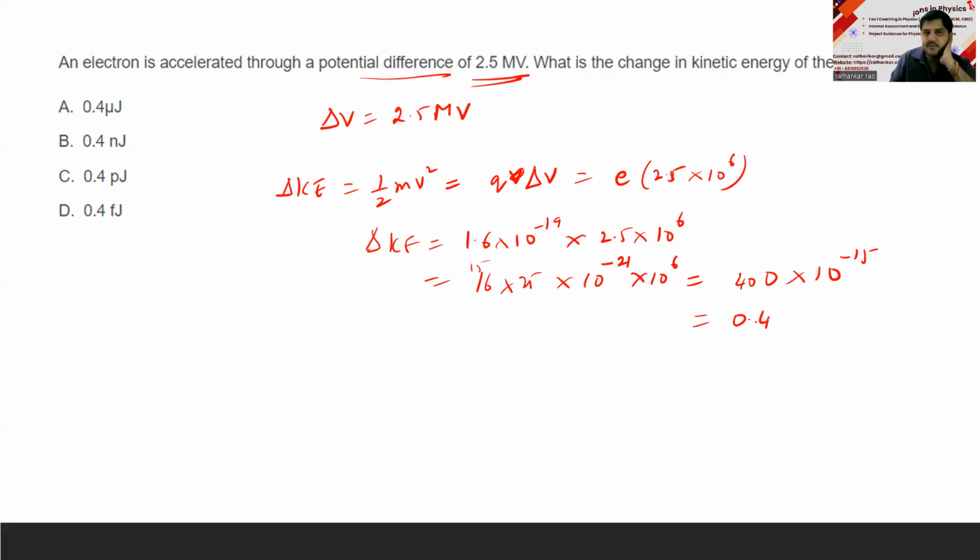Or maybe, are we doing it right? 400 in power minus 13 is 0.4 pico. Picojoules. The moment pico comes, we are always into farads, which is incorrect. So this is joules. So the answer is C.